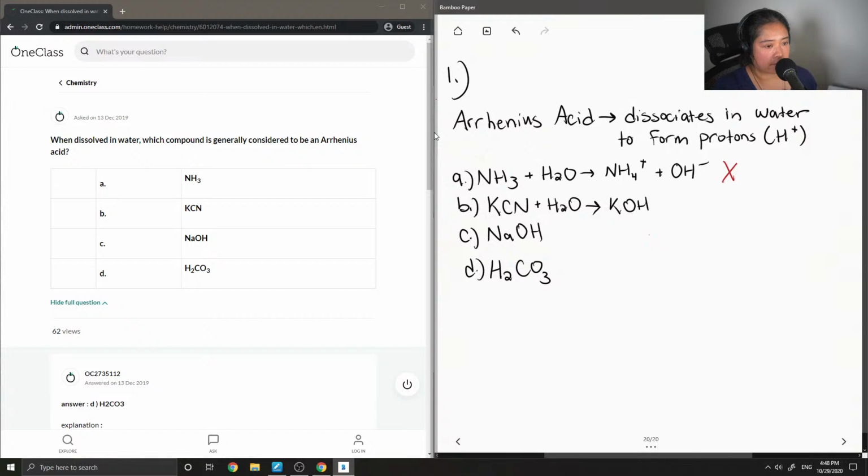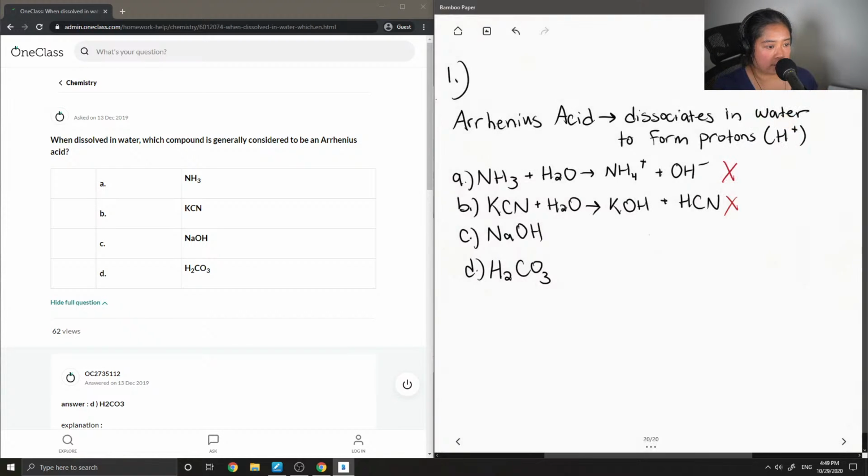Gives us like potassium hydroxide plus hydrogen cyanide. So this also doesn't really form the protons since HCN is formed.